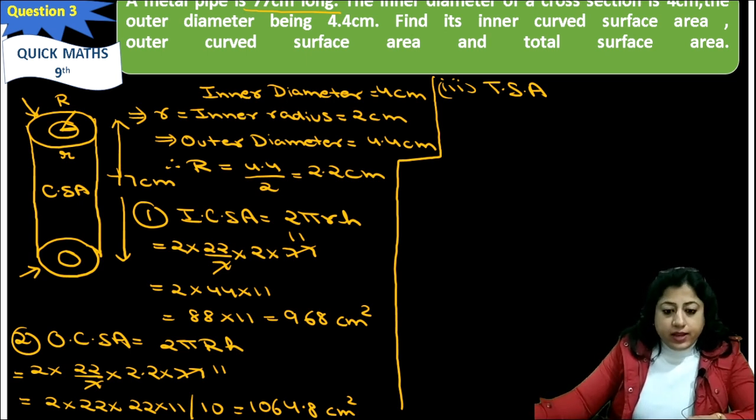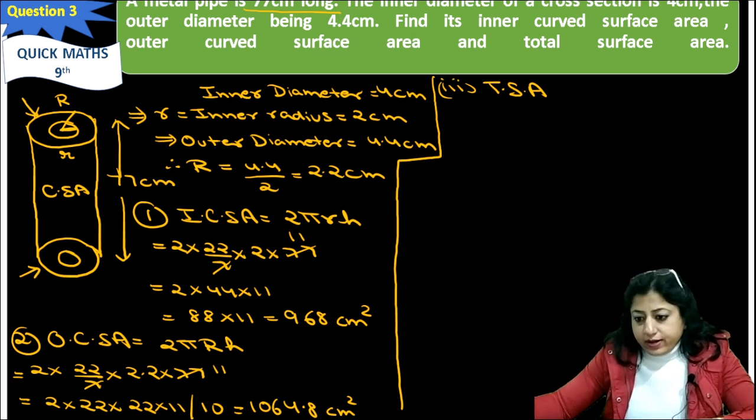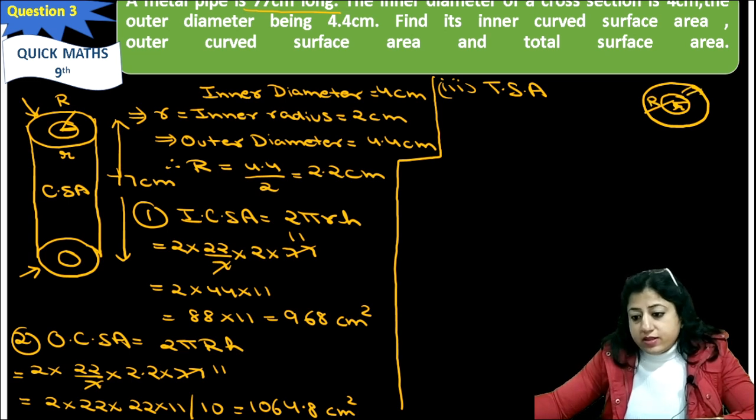In the top, if we look at it, this is outer, this is inner, this is small r, and this is capital R. Then this is the thickness.